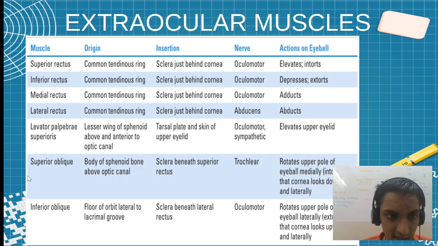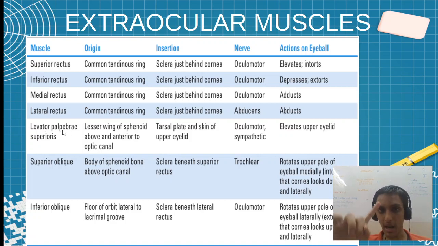Action is very easy. Superior rectus, elevation, intorsion. Opposite for inferior rectus. Medial rectus is adduction. Once again, I am repeating, medial rectus, adduction. Adduction, you are adding something. Lateral rectus, opposite. For LPS, from the name of the muscle itself, the answer is there. Levator, elevation.